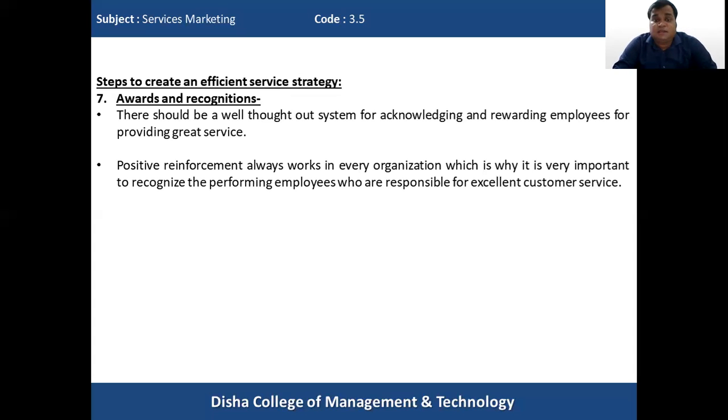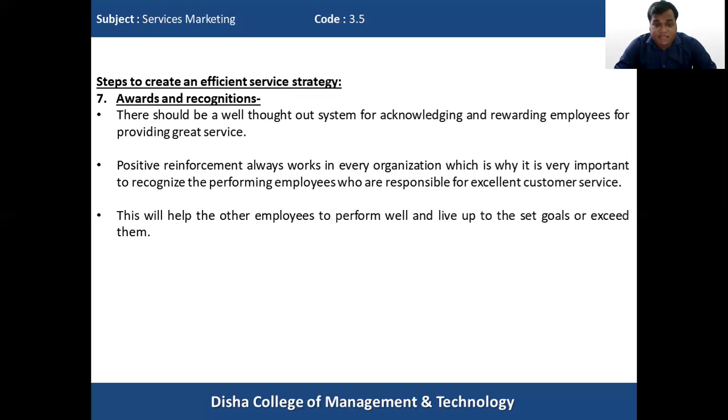They will feel energetic, they will feel satisfied that their good work is properly recognized by the organization, that their good work is getting them awards and rewards. So this is very, very important. This will help other employees to perform well and live up to the set goals or exceed them. Why is this important?